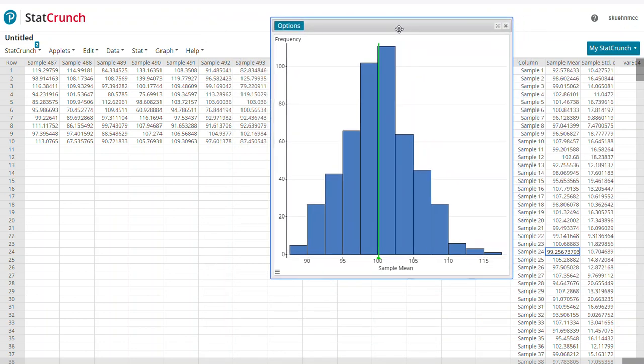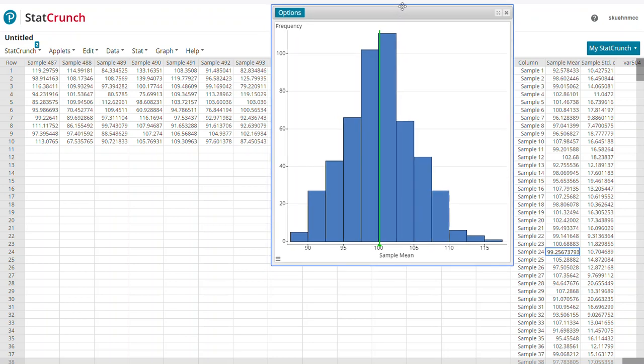So now when I look at this histogram on the screen, if I asked you to describe the shape of this histogram, hopefully you would be able to say that it has a normal distribution. So what we're looking at here is the result of all 500 of my samples over here, where each one of those 500 samples has its own average IQ score from the 10 people we talked to.